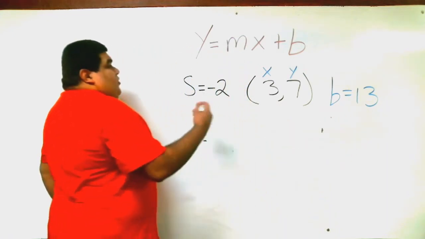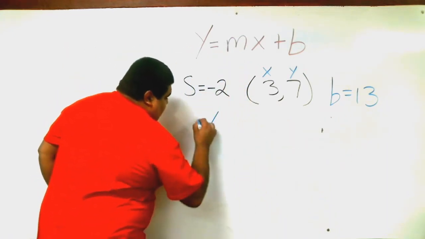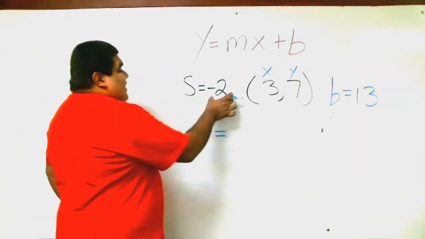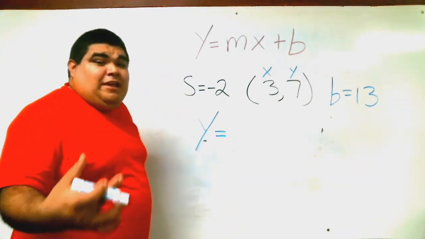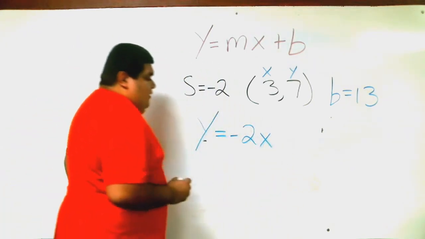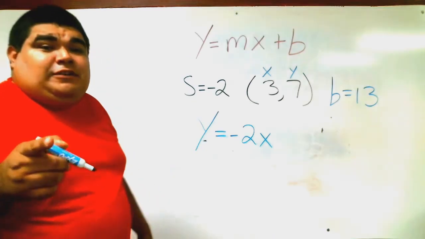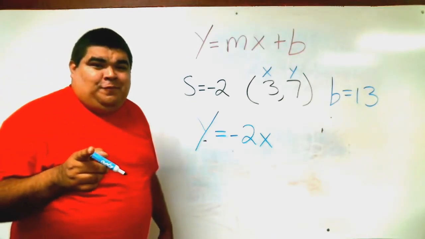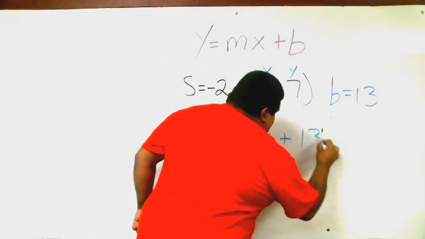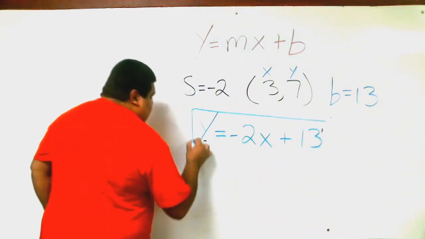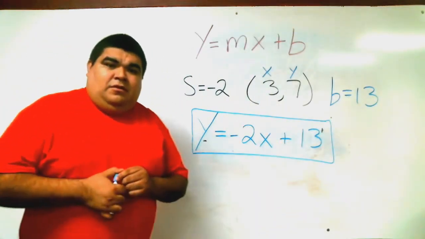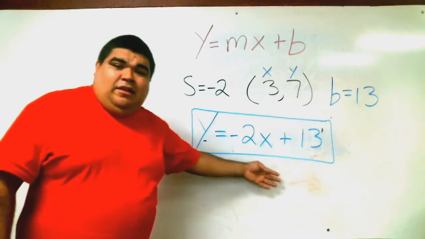So we have y equals negative 2, because that was our slope, so negative 2x. Is the 13 positive or negative? Positive, right? So plus 13. And that is our answer. So we created an equation.